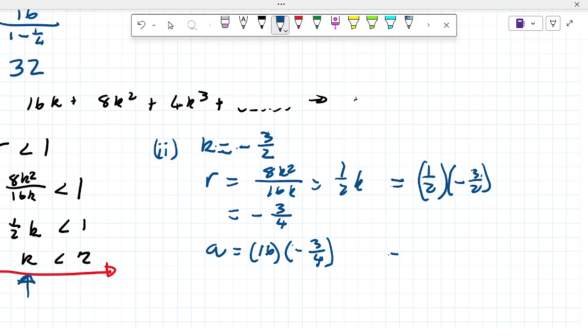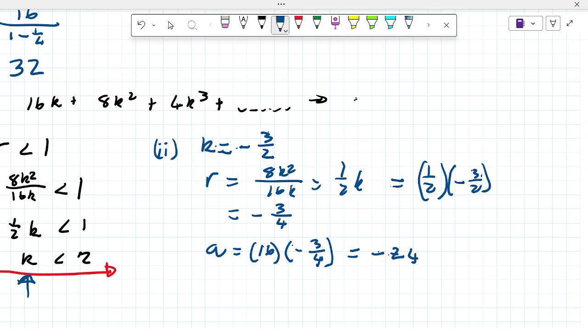How can A be 24 according to them? You see what I mean? I strongly disagree. They got minus 24, but I get minus 12.